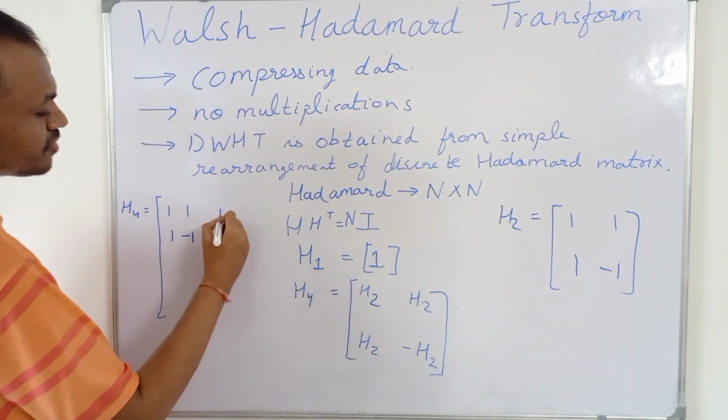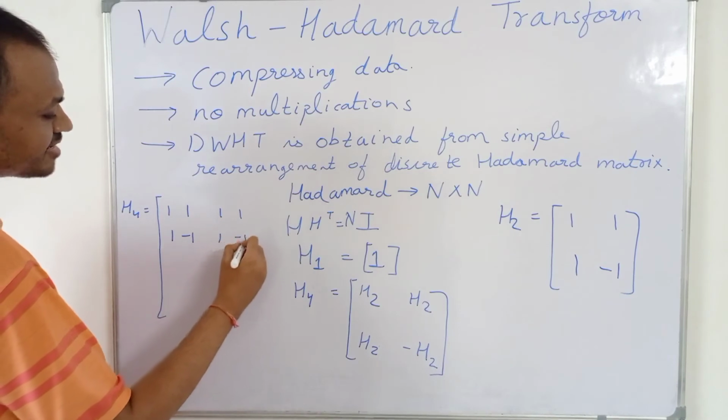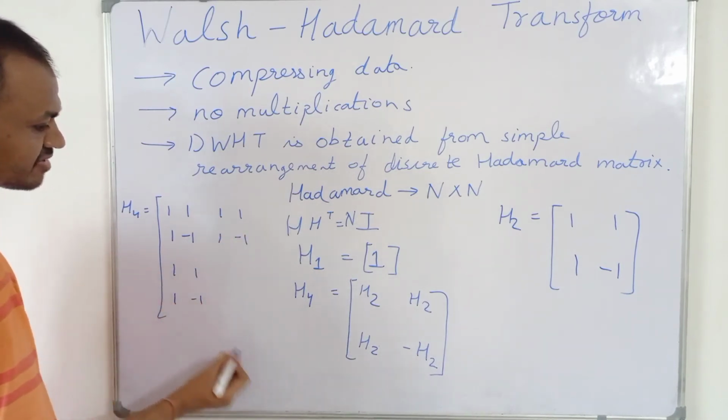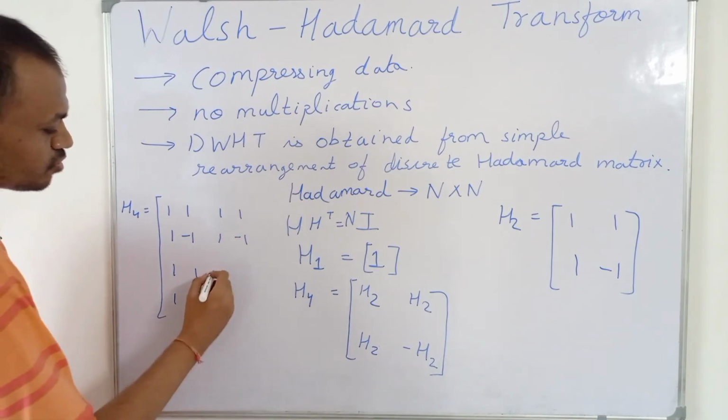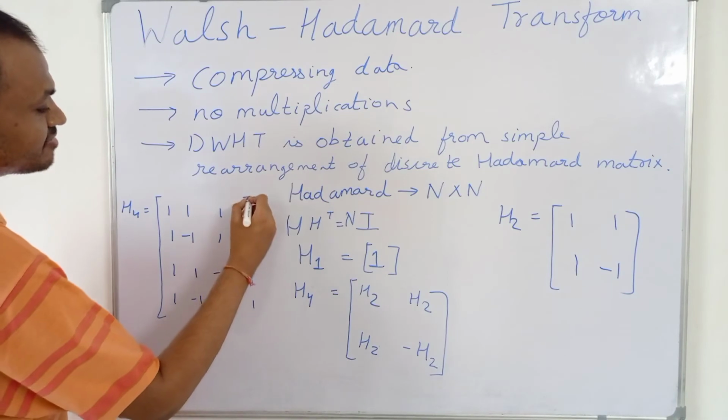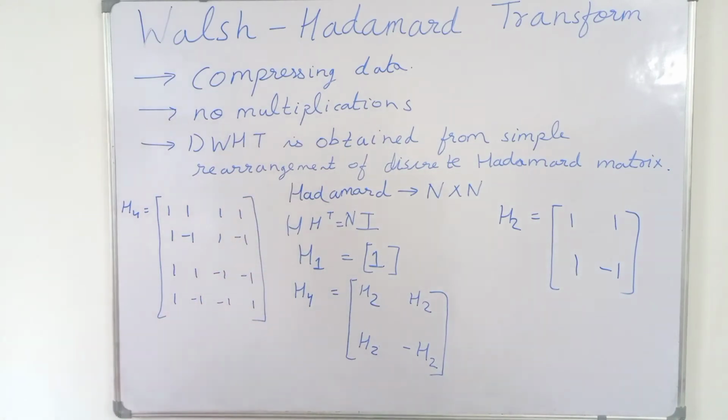Again H of 2, 1, 1, 1 and minus 1. Again H of 2, 1, 1, 1 and minus 1. And now minus H of 2, so minus 1, minus 1, minus 1 and plus 1. So this is the Hadamard matrix of order 4.